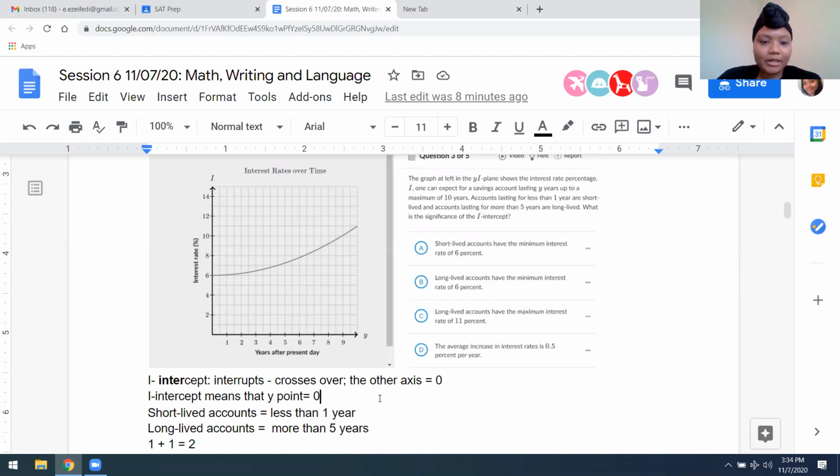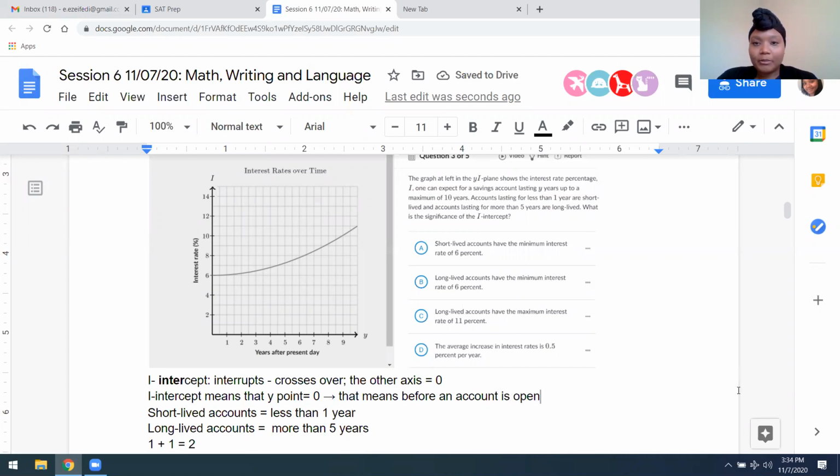So we see that if the X point equals 0, which we already established because it's an X intercept, so its companion axis equals 0, and sorry, I misspoke, if the X point equals 0 and the X is the years the account has been open, that means before an account is open.